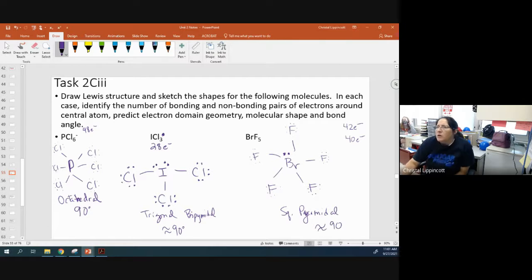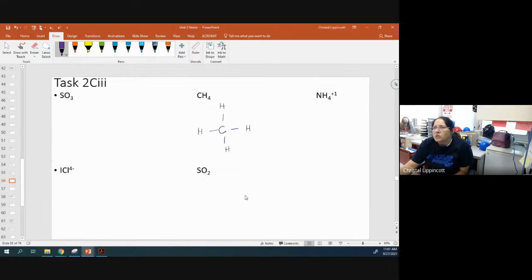All right, good on that page? Other questions on it? Good questions. Keep them coming. All right, here's my typo on this page. I think I've only got one. That's right here. So this should be ICl4 minus.